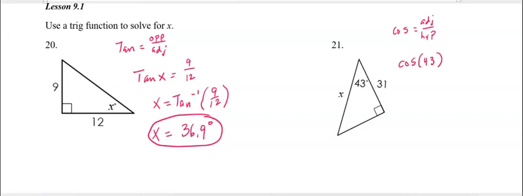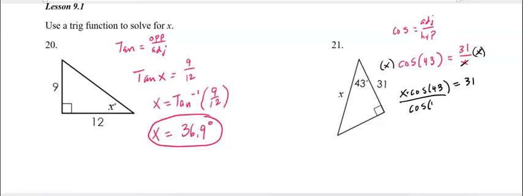So cosine for the angle 43 degrees is the adjacent side, which we are given, divided by the hypotenuse, which we're trying to find. So mathematically, what's going to happen is we're going to multiply both sides by x, because that's the lowest common denominator. And we end up with this equation because those x's are going to cancel. And now I have to undo multiplication with division.